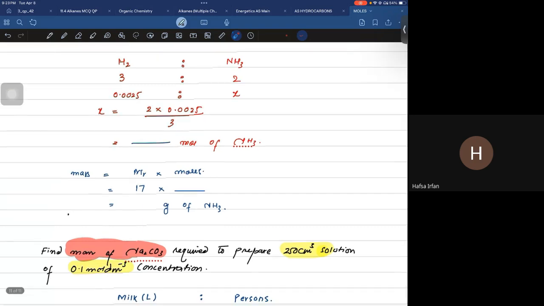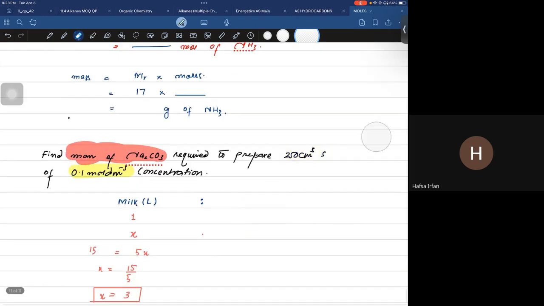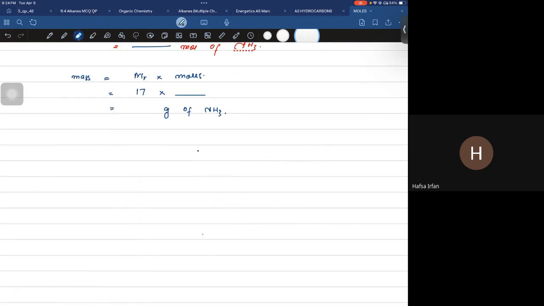Let's go. See this question. Find moles of SO3 formed by the reaction of 2 moles of sulfur dioxide and 0.5 moles of oxygen.